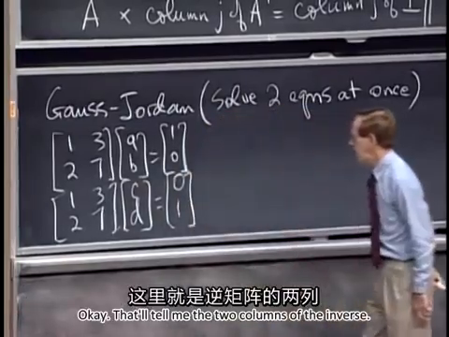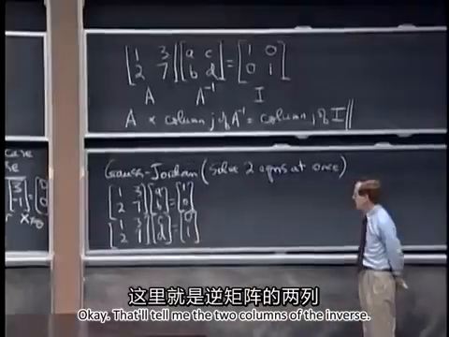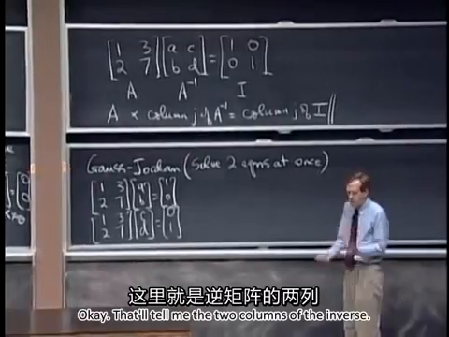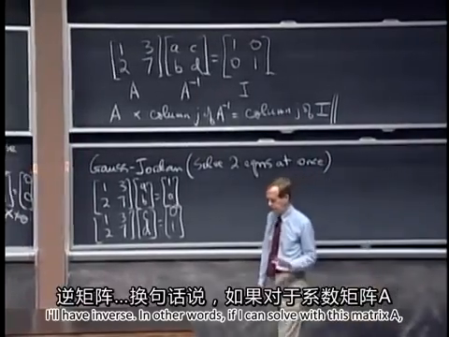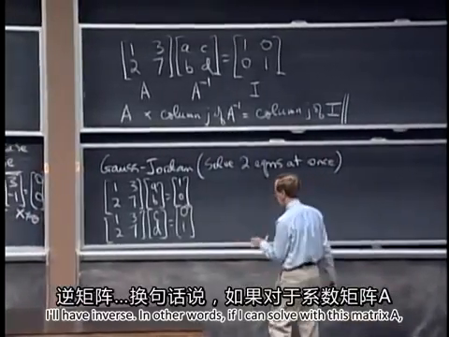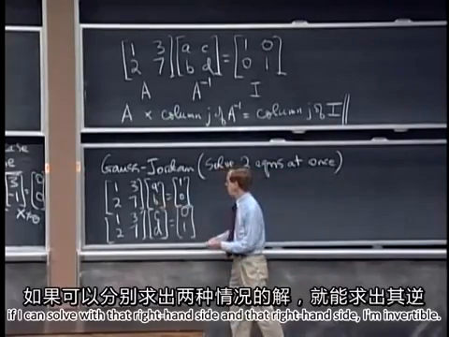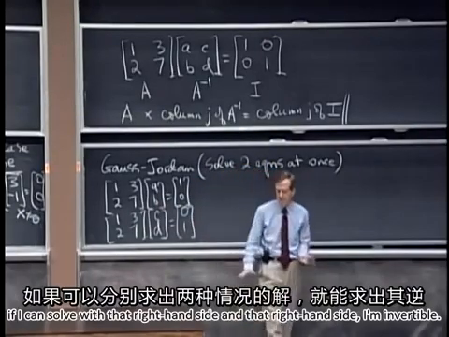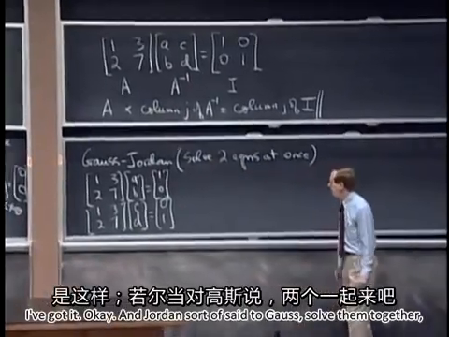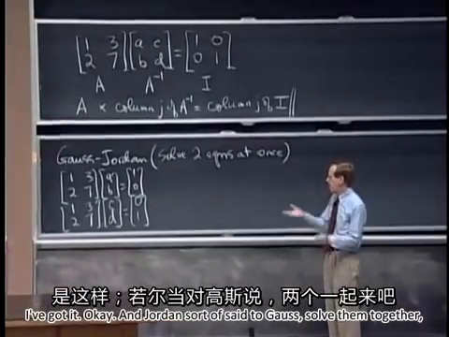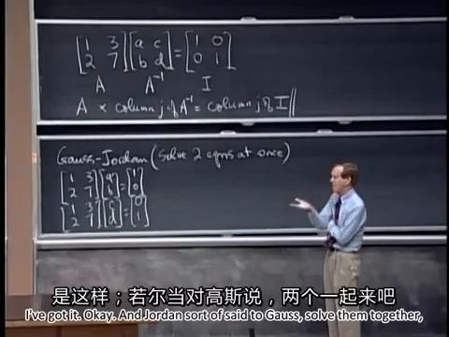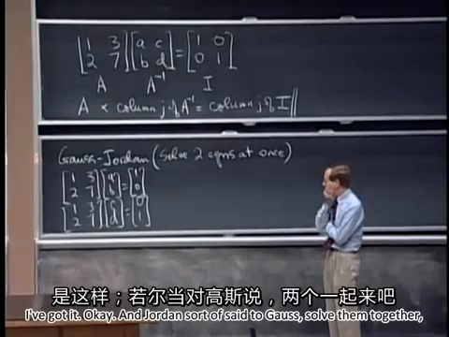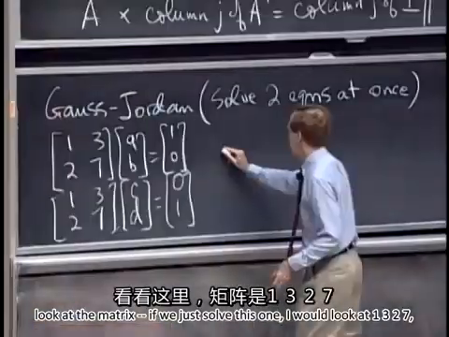That'll tell me the 2 columns of the inverse. In other words, if I can solve with this matrix A, with that right-hand side and that right-hand side, I'm invertible. I've got it. And Jordan sort of said to Gauss, solve them together.